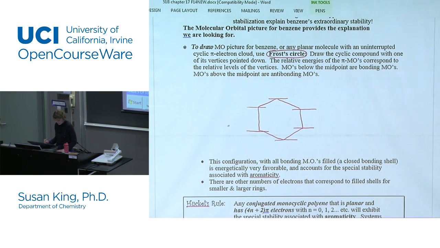And here's the midway point. So just draw a dashed line through the midpoint here. Above this is anti-bonding. Below the midpoint is bonding. So above the midpoint are all the anti-bonding molecular orbitals, and below the midpoint are all the bonding molecular orbitals.